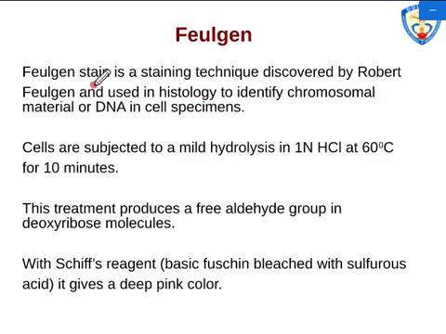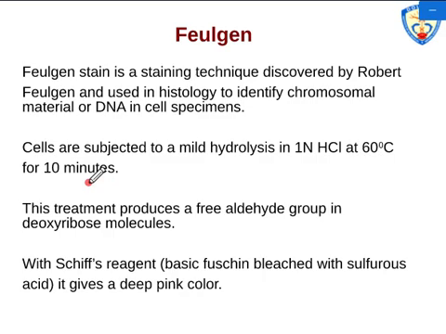Feulgen stain is a staining technique discovered by Robert Feulgen and is used in histology to identify chromosomal material or DNA in cell specimens. The cells are subjected to mild hydrolysis in 1 normal HCl at 60 degrees Celsius for about 10 minutes.